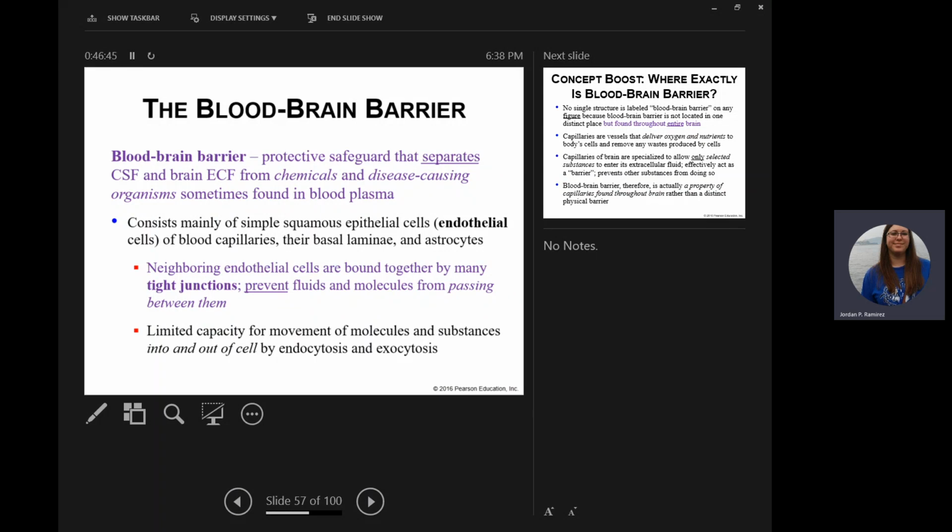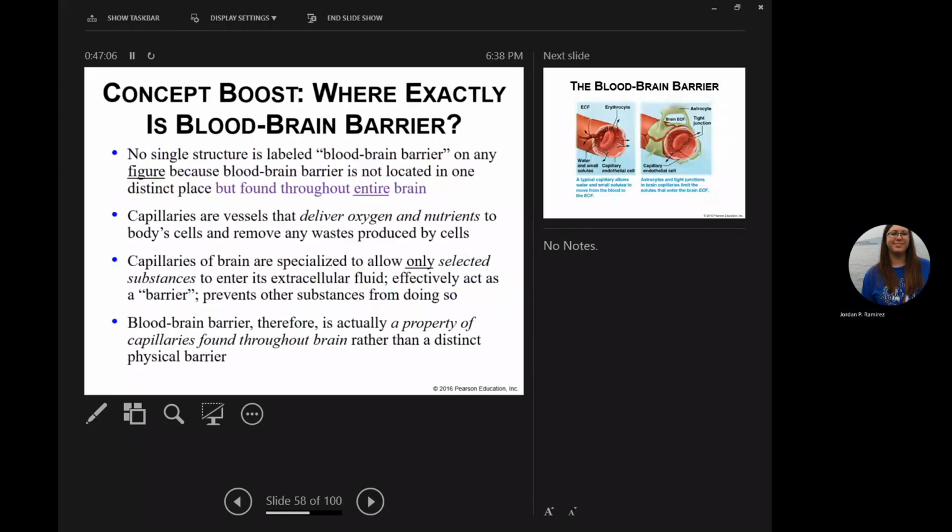It depends on a certain area. That's really subjective. But it does have a limited capacity for movement of molecules and substances into and out of the cell by endocytosis and exocytosis. So again, two things contribute to the blood-brain barrier: those endothelial cells and those astrocytes, which wrap around the capillaries.